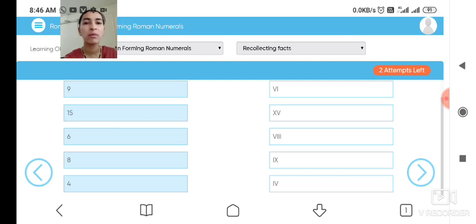Try to solve this. On the left hand side the Indian number system is there, on the right side the Roman numeral system is there. We have to match: 9 is represented in Roman by which one, 15 by which one, 6 by which one. Okay, just pause the video.